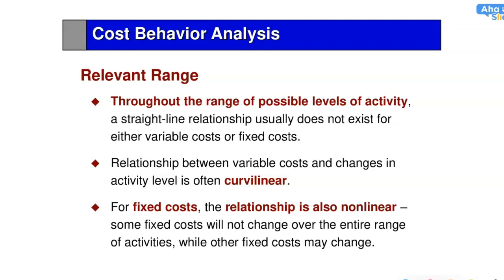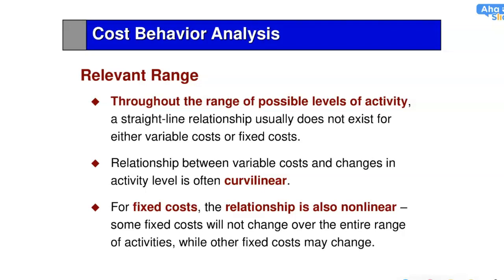And the cost is rent. And as I said, if I produce 100 desks, the cost is $10,000 for rent. If I produce 500 desks, the cost is $10,000 for rent. If I produce 1,000 desks, the cost for rent would be $10,000.